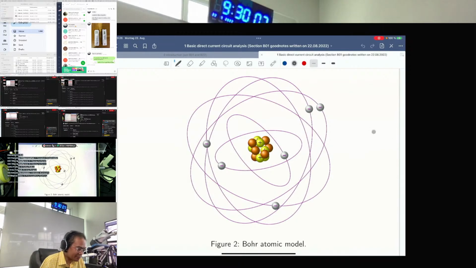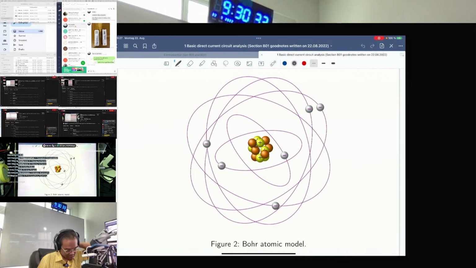The reason why we need to have neutrons inside the nucleus is that, well, you have heard before, right? For any charge there will be the so-called Coulomb force.